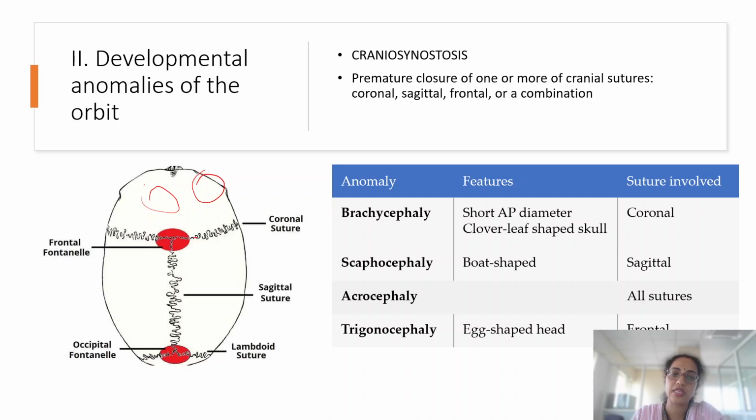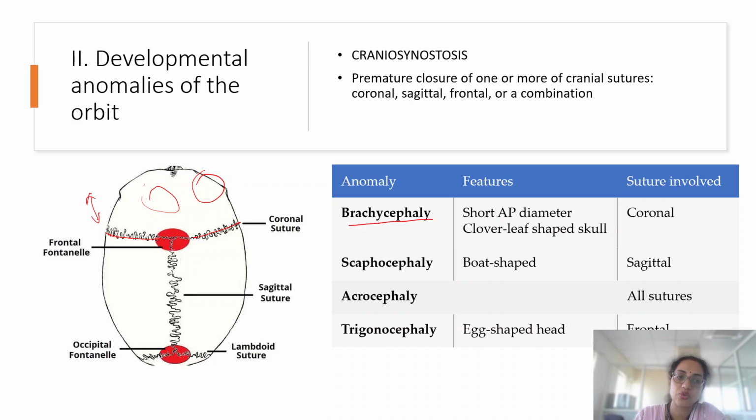So what happens when this coronal suture fuses very early? The AP diameter is shortened. This is known as brachycephaly. The head is short, characterized by a short AP diameter. What is scaphocephaly?